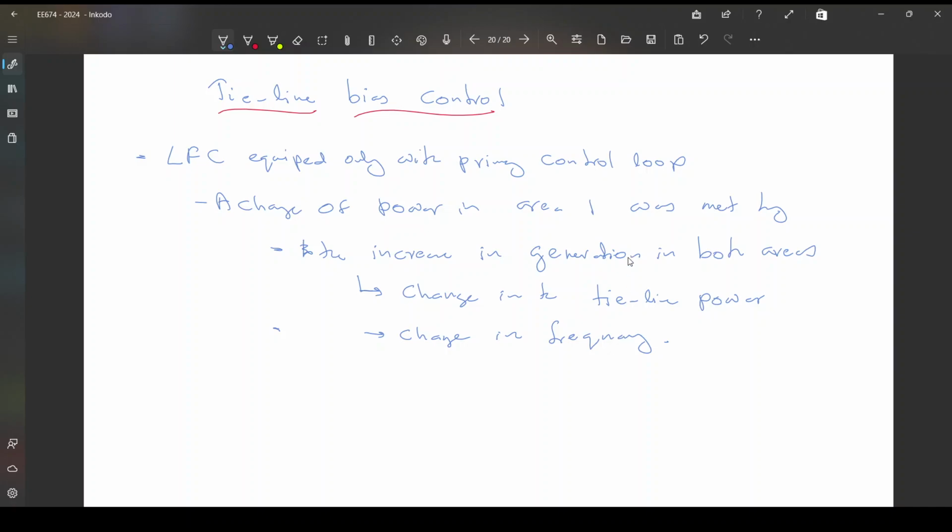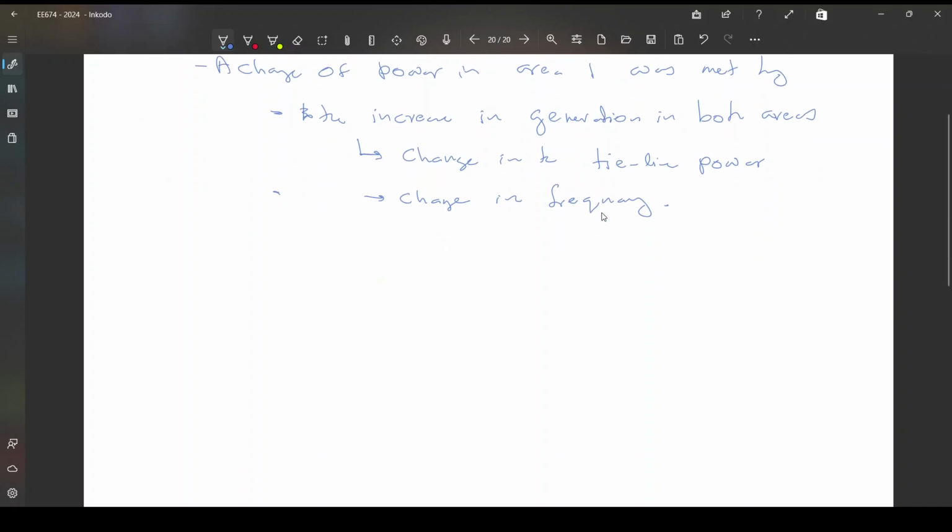So the challenge here is to keep the frequency at its nominal value, or very close to the nominal value, which is 50 hertz in our case.